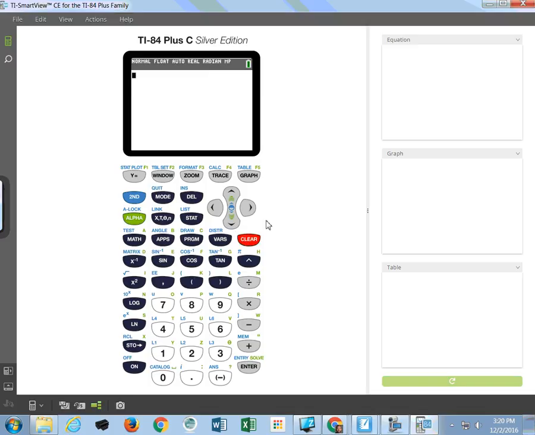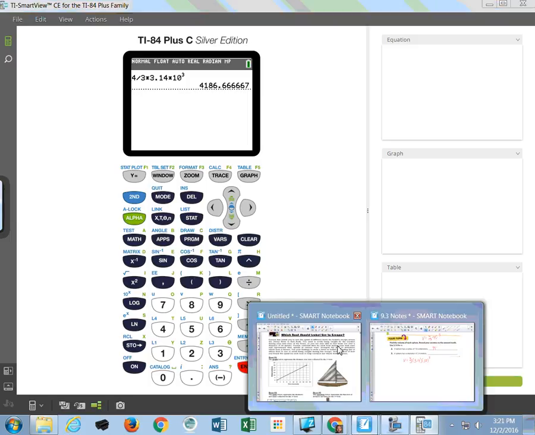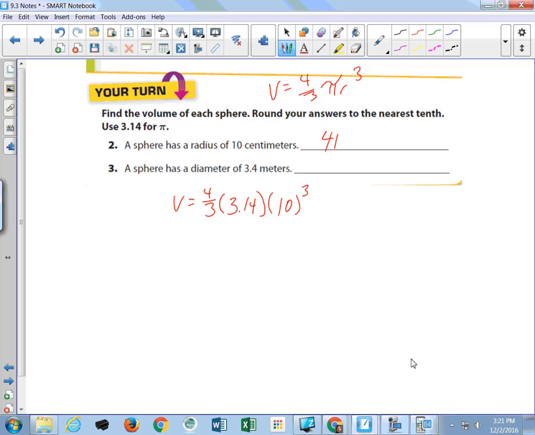Put in 4 divided by 3, just like we did on the 1/3, times 3.14 times your radius, which is 10, and then do the little rooftop right here, and then 3. That puts the cube up there and hit enter. You get 4,186.66. We'll just say 4,186.7. That's the nearest tenth.